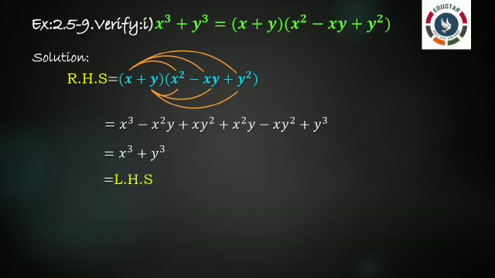So LHS is equal to RHS. Similarly, you have the second subdivision: x cube minus y cube is equal to (x minus y) into (x square plus xy plus y square). Do this subdivision also in your classwork note.